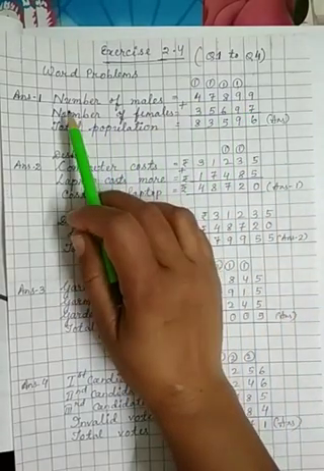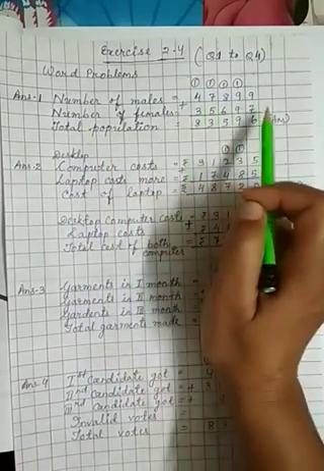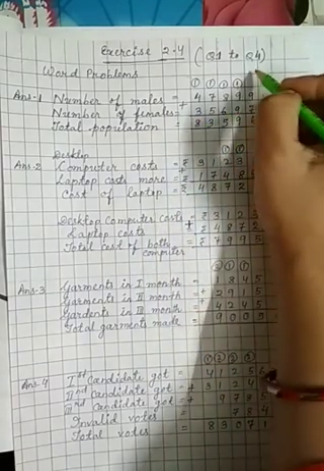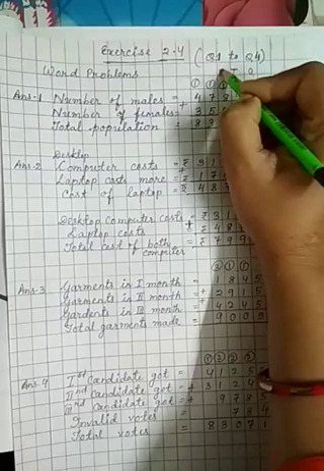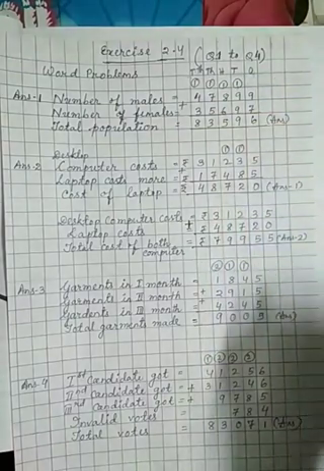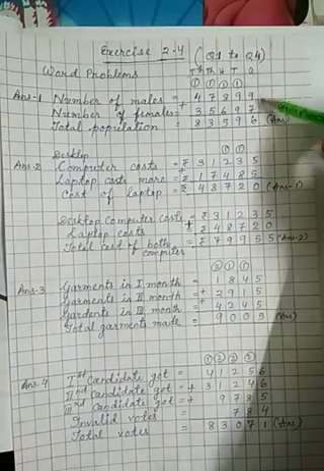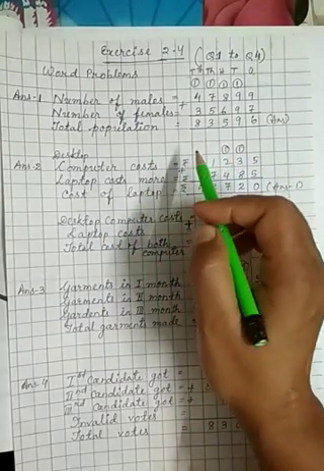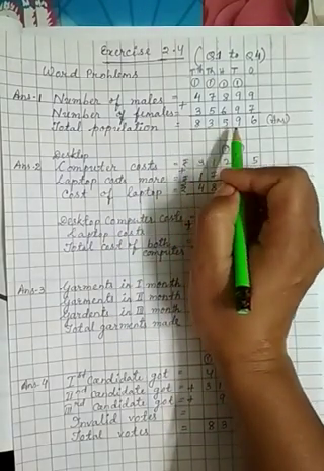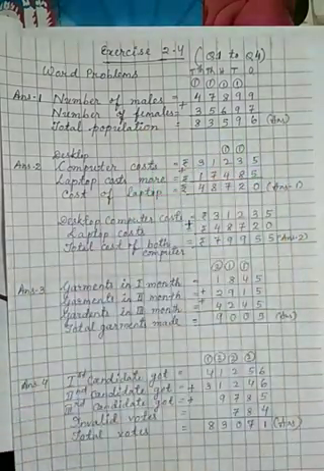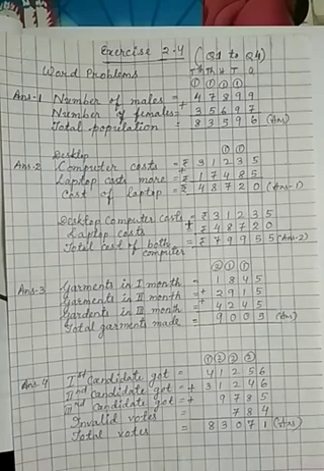Then number of females is equal to, all the numbers written in separate boxes, and remember you have to write in ones, tens, 100, 1000 and 10,000 place in a proper way, and below that place only put the numbers. Then you add. By adding you have got the answer 83,596. This is the answer of the first question: number of males, then number of females, then total population.